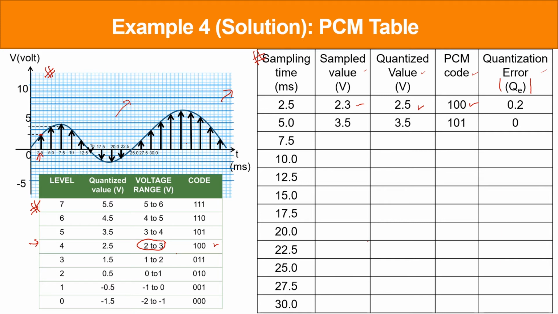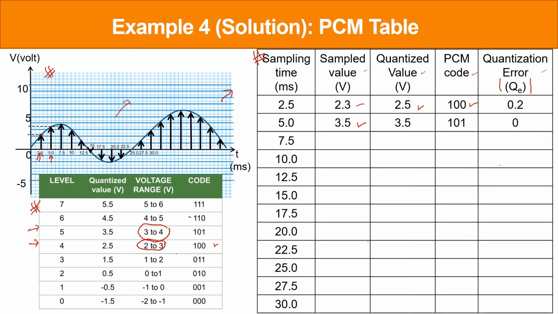You can put a modulus here to get the positive value. So next is another 2.5 milliseconds, which is 5.0 milliseconds. So sample at 5.0 milliseconds, you will get 3.5 volt, and then refer to the reference PCM table. 3.5 volt belongs to this level.